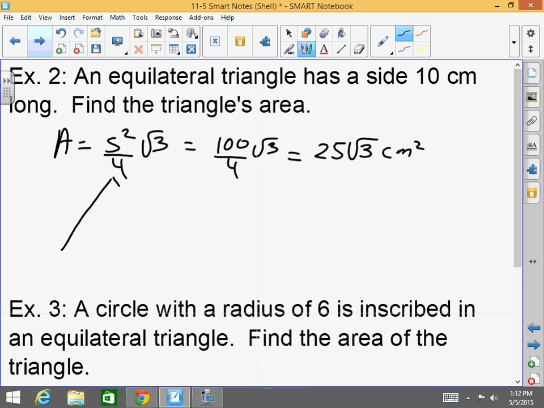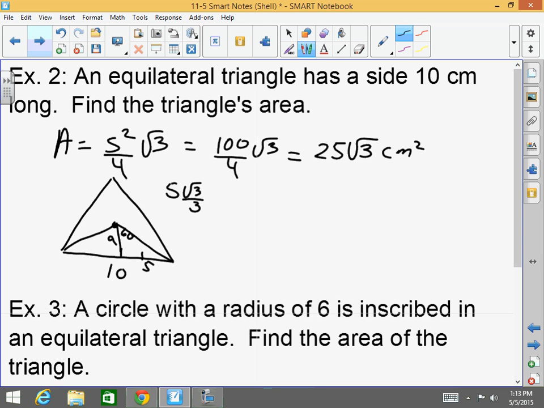Now, if you did not remember that, don't stress. You have a triangle here. All sides are 10. Drop an apothem. You know the central angle is 120, so that's a 60. This side here is a 5. I want my apothem. If my side here is a 5, what's the side across the 30? When the side across the 60 is a whole number, you multiply that by square root of 3 over 3 to find the small side.